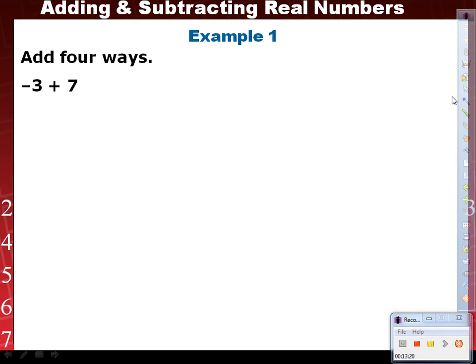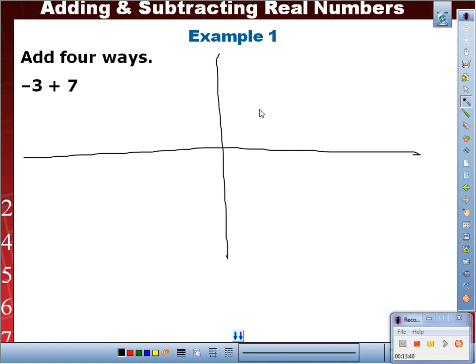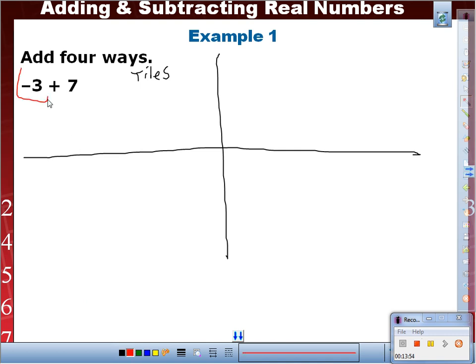All right, you're going to do 4 partitions, 1 for each way that we're going to represent this. The first way is using tiles, and by now you know how to do that, right? What's my first number here?